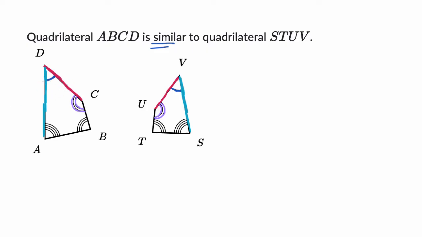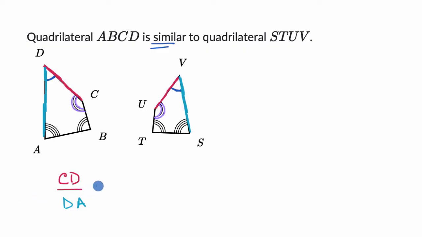we could say that the length of segment CD, if I write it like this, that means I'm referring to the segment. If I don't write that line, that means I'm referring to its length. So this should be read as the length of segment CD. The ratio between that and the length of segment DA, then the ratio of the corresponding sides in the other shape to each other should be the same.